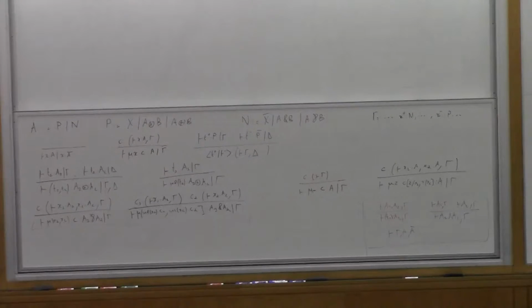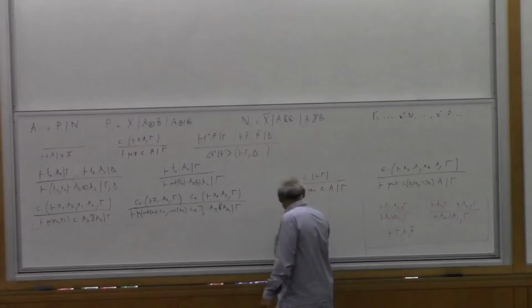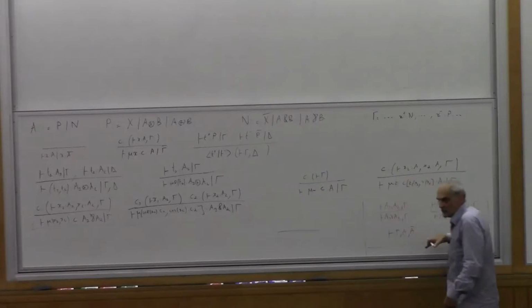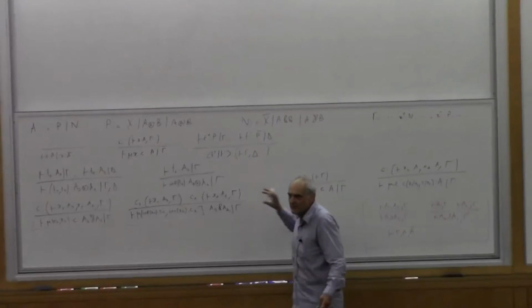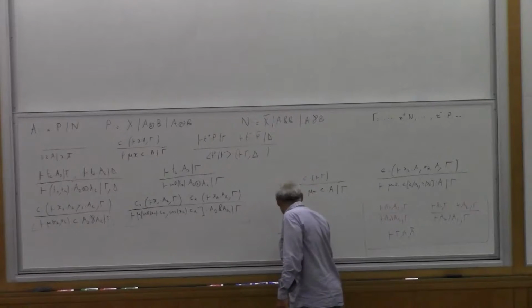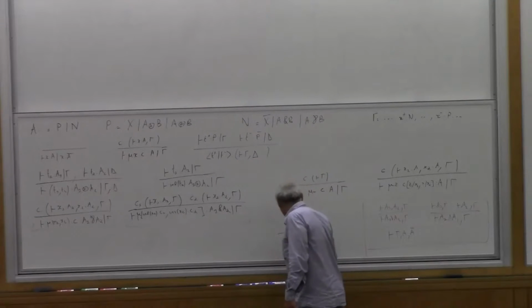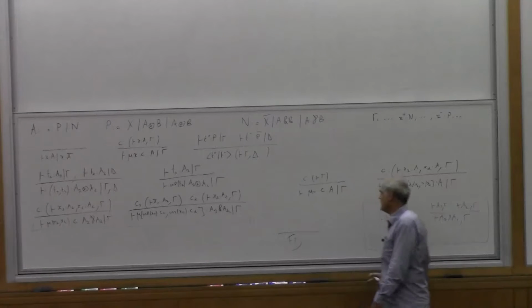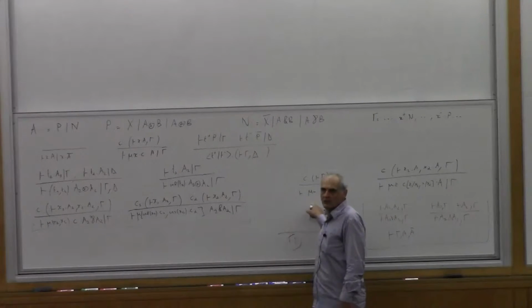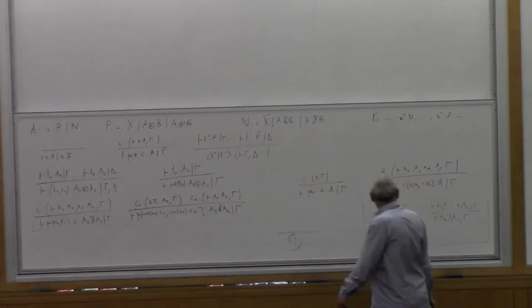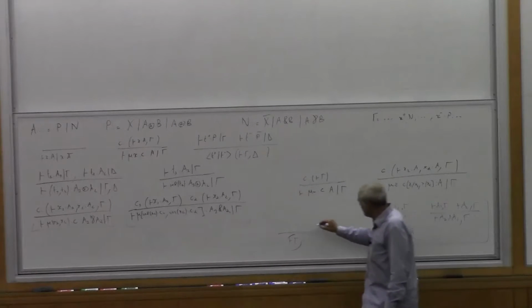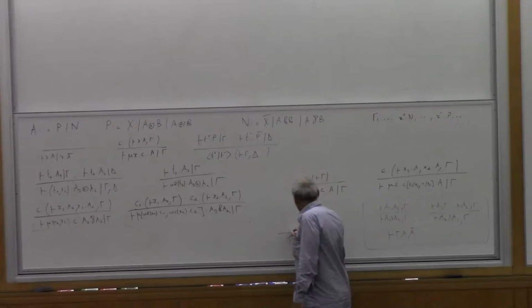So the reason is the following. You attempt a proof. Of course it's going to be sound, because all these rules are written to be sound. So now the question is, if I know that a sequent is valid, then there is a proof attempt which will succeed. Because the rules are reversible, you develop your proof attempt in any possible manner.